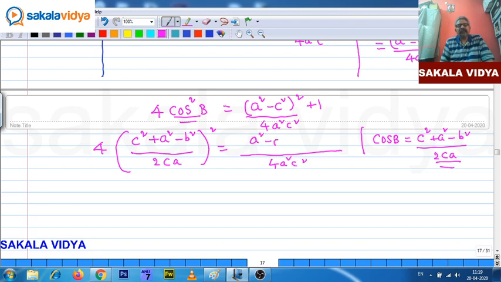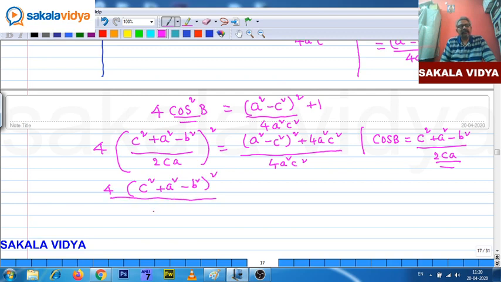We get a square minus c square whole square plus 4a square c square. Here, very interesting, you observe this numerator, a minus b whole square plus 4ab, so that is actually a plus b whole square. So this again we can write 4 times c square plus a square minus b square whole square by 4c square a square, because 2ca whole square, equals this, we can write a square plus c square whole square. This equals 4a square c square.